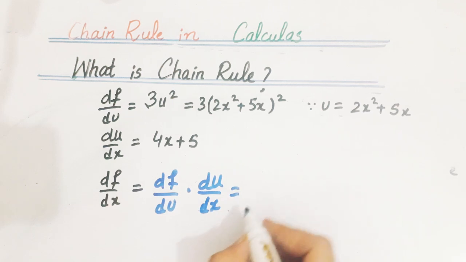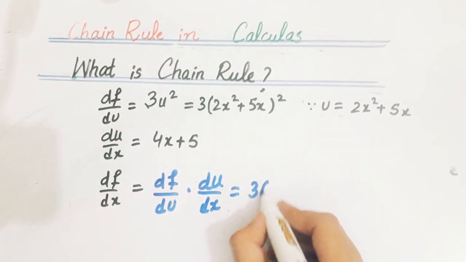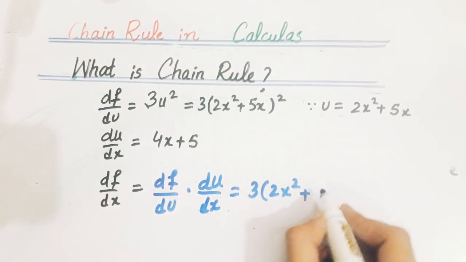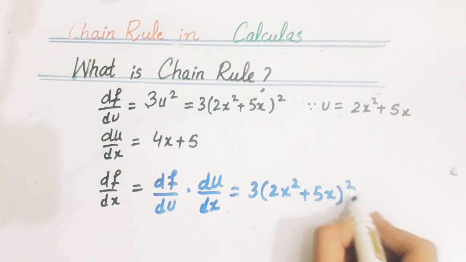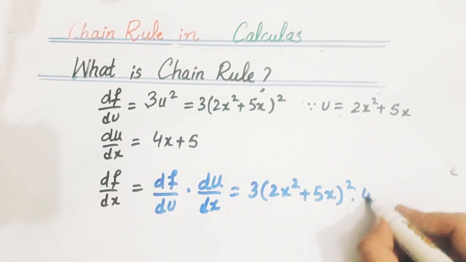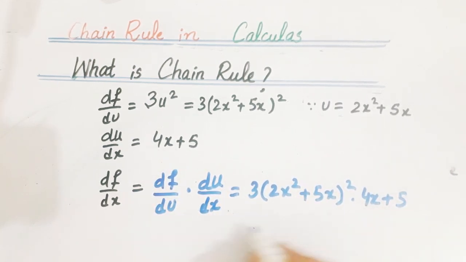Now by solving this, we multiply 3 into (2x square plus 5x) whole square by (4x plus 5). Now this is the final answer. Now we have applied the chain rule perfectly.